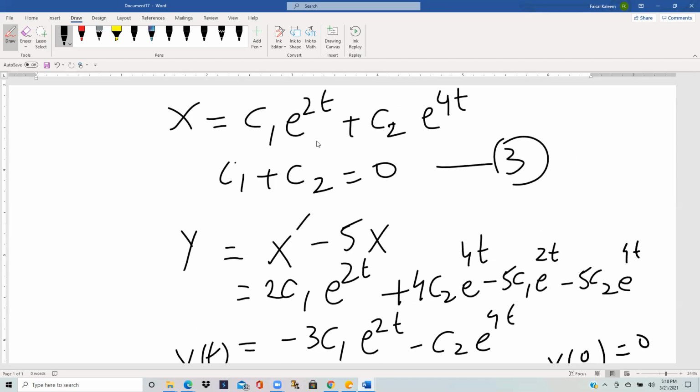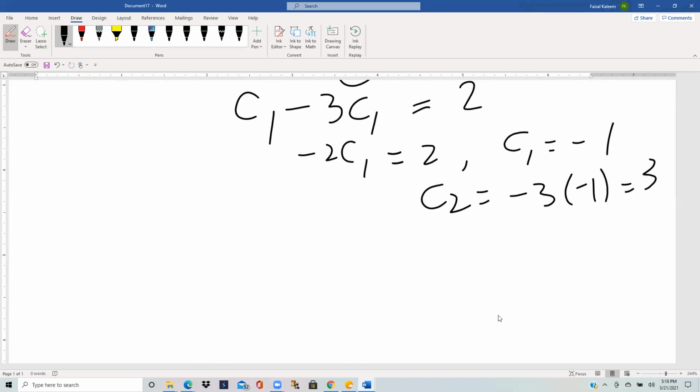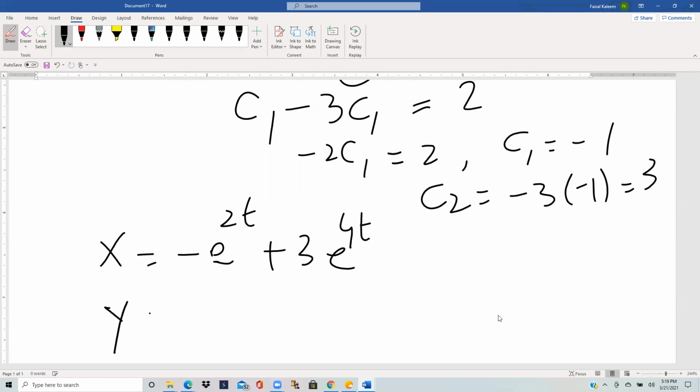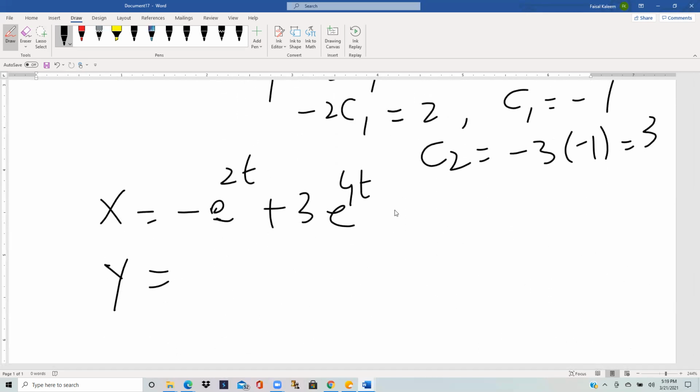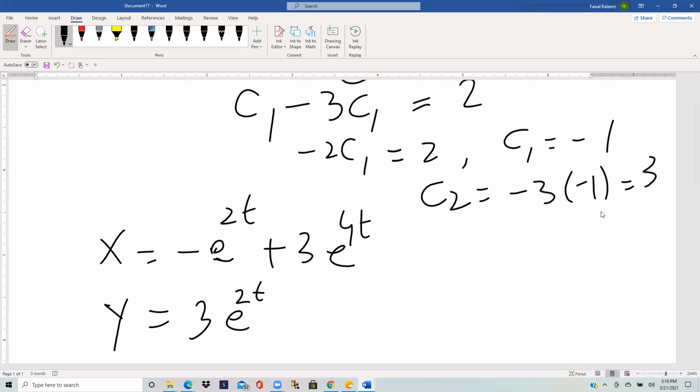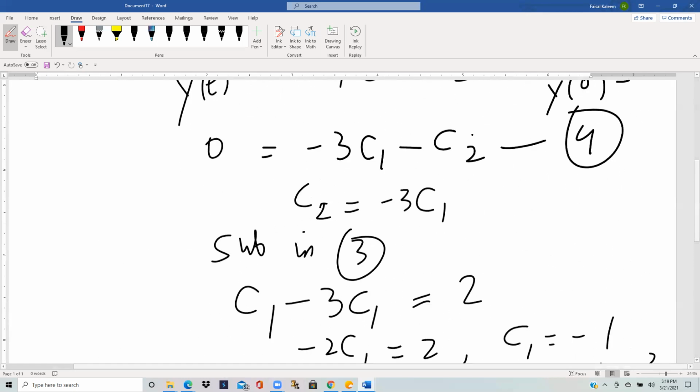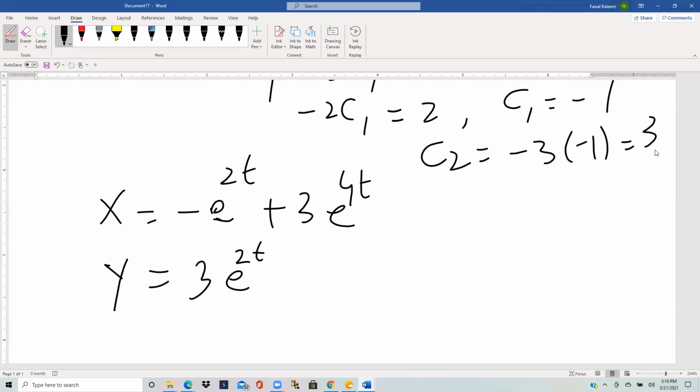So x is c1 e to the 2t plus c2 e to the 4t, c1 is negative 1, so negative e to the 2t plus 3 e to the 4t. And y is negative 3c1 e to the 2t, so negative 3c1 would be plus 3. And then we had negative c2 e to the 4t, so negative c2 would be minus 3.